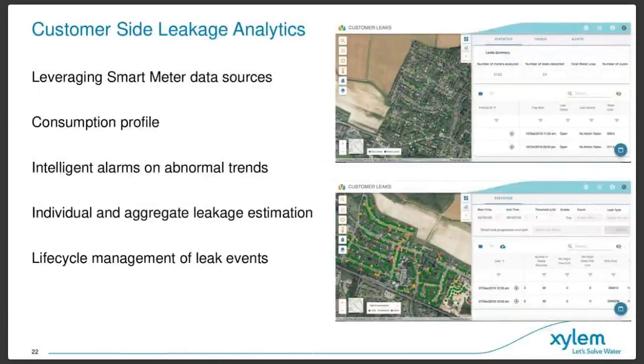But it's not just about detecting in-network leaks, but also understanding are there leaks on the customer side? And this can be facilitated by leveraging smart meter data sources, which are becoming more and more common in the UK now and across the world, and are incredibly valuable for a variety of reasons.